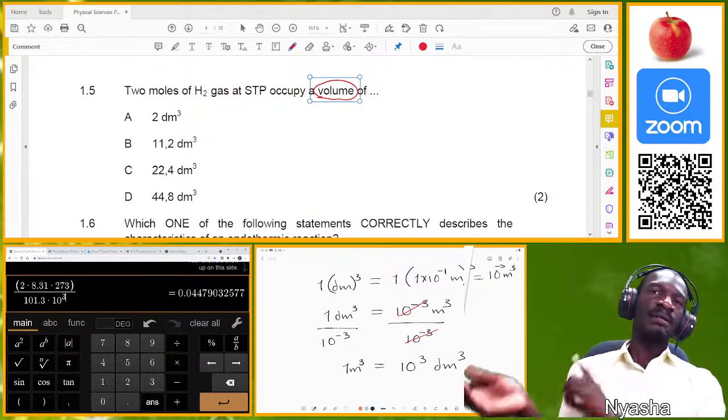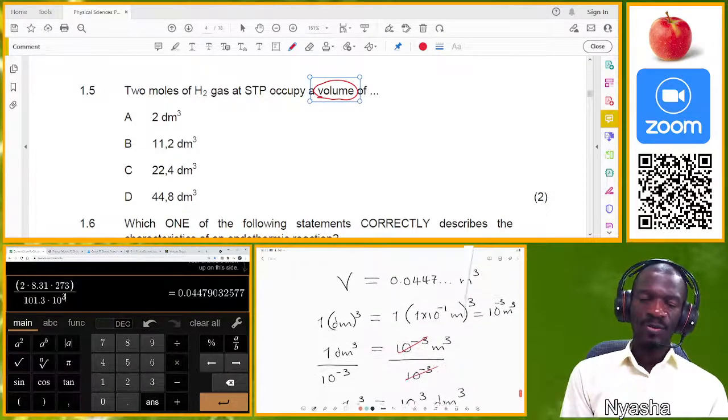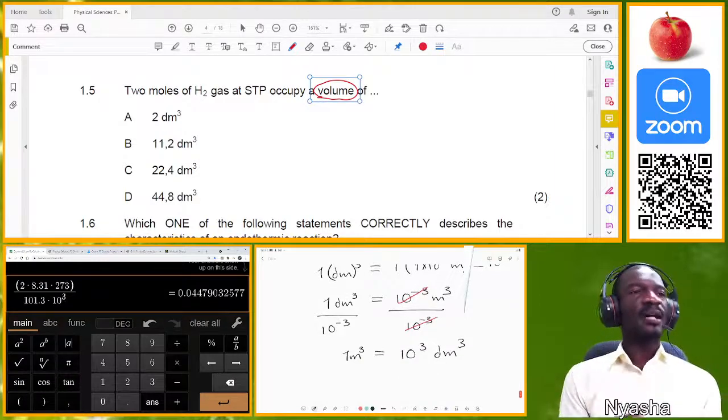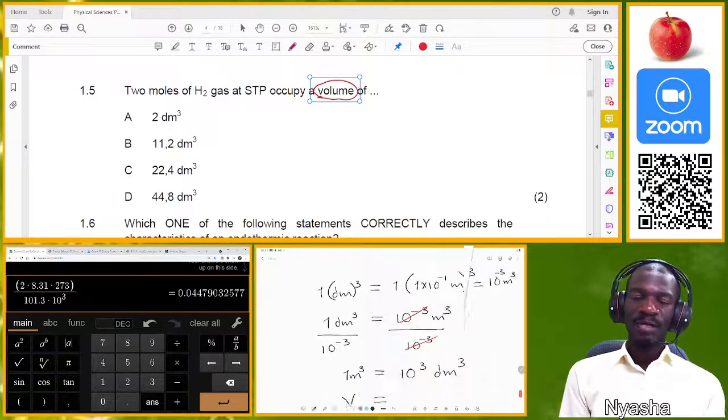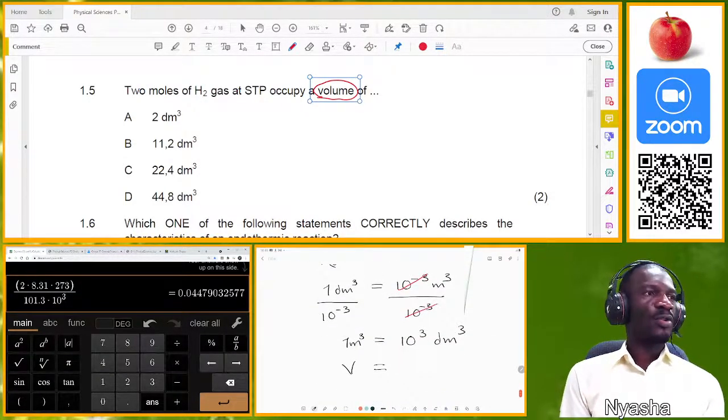Now we can put this into our value, since the values for our answers are given in dm cubed. So our volume is equal to 0.0447 and so forth. I'm not yet rounding off.